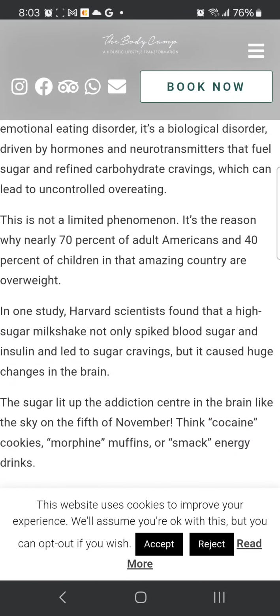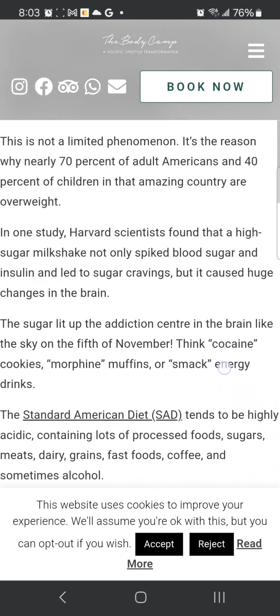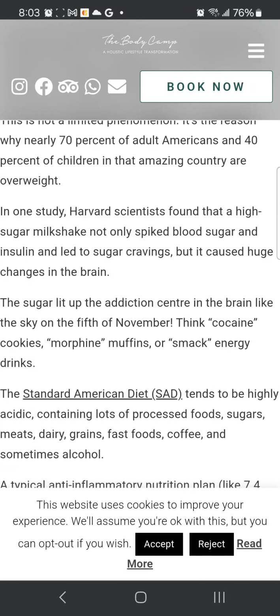So it's basically like if you have any sugar, they put it in all fast foods and stuff like that. Doesn't matter if you're getting a burger or whatever, they want to put it in there. They put a ton of it in McDonald's.